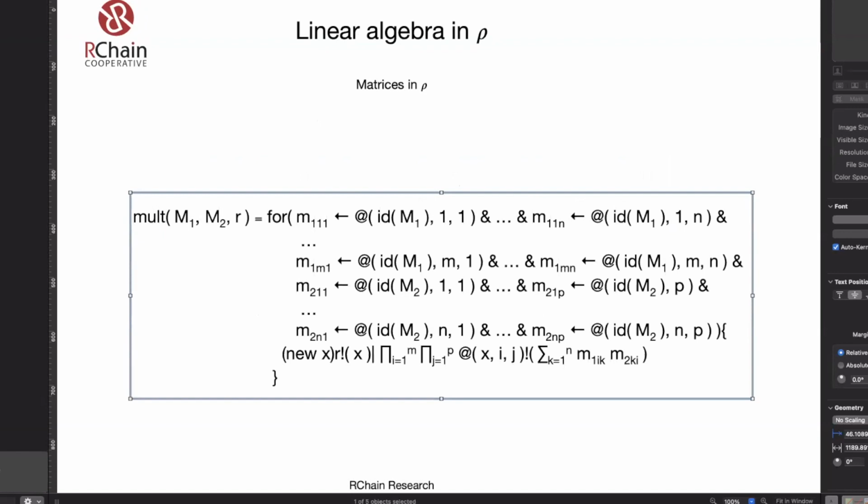And so the point I'm trying to make is that Rholang wasn't designed specifically for linear algebra calculations, and yet it provides a very compact and efficient notation that tells us precisely where the concurrency opportunities are.